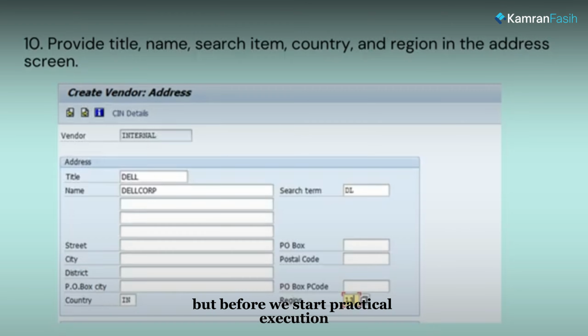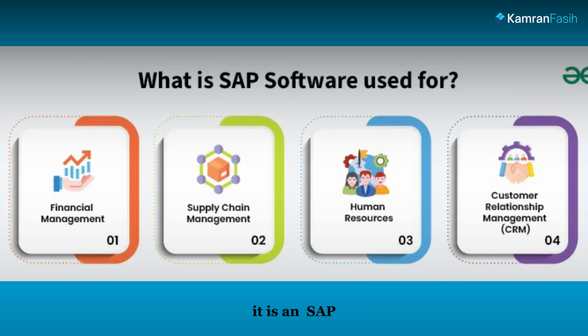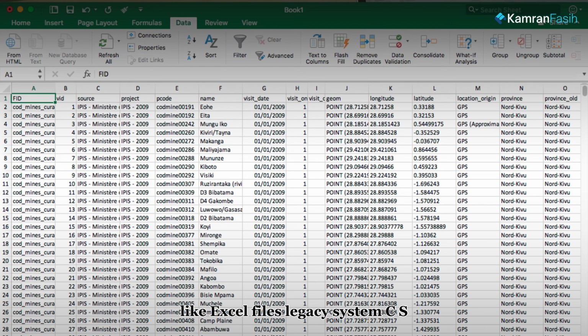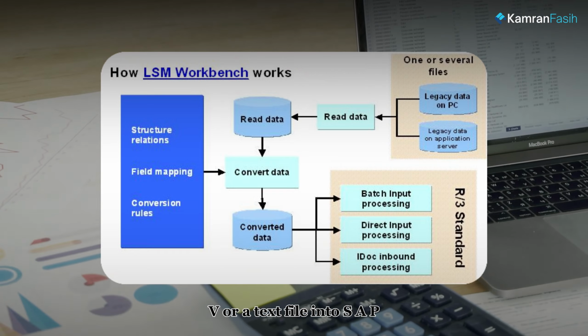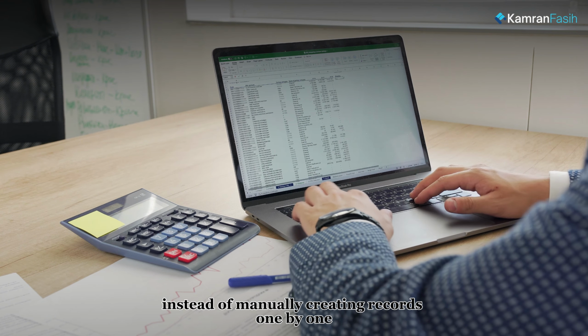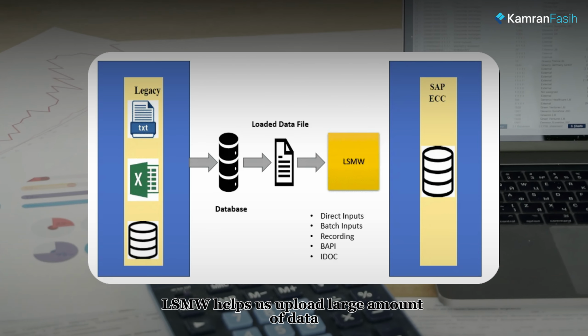But before we start practical execution, first let's understand what exactly is LSMW. It is an SAP tool used to upload data from external sources like Excel files, legacy system, CSV or a text file into SAP automatically. Instead of manually creating records one by one, LSMW helps us upload large amounts of data quickly and efficiently.